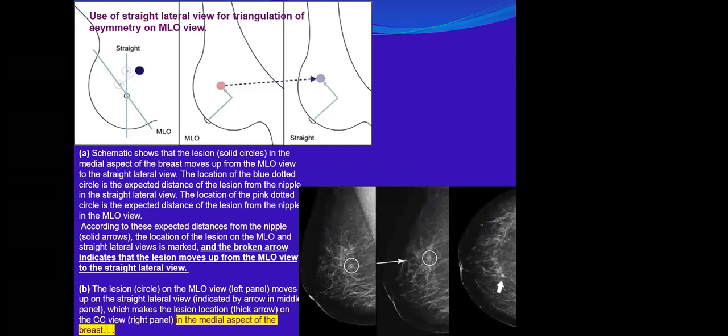As we described before, we use triangulation of lesions, using the straight lateral view for triangulation of asymmetry. This is the lesion here, okay?